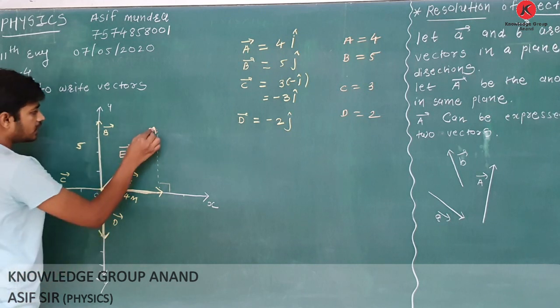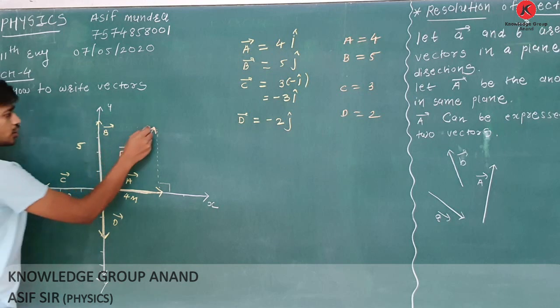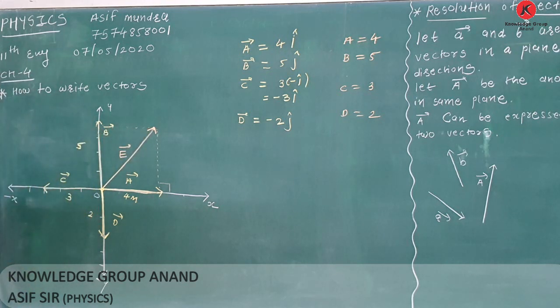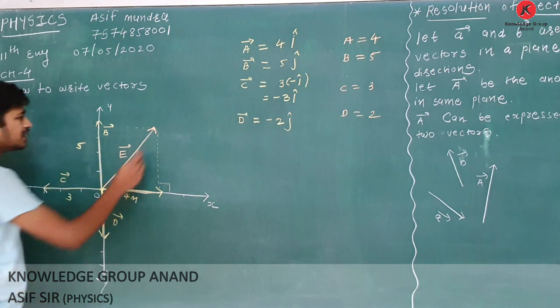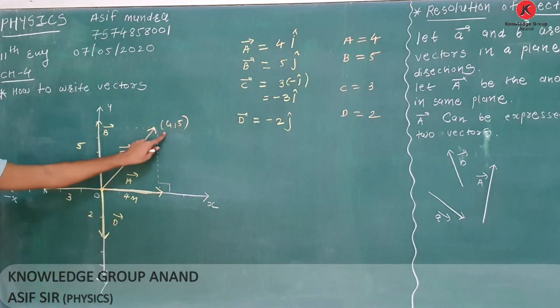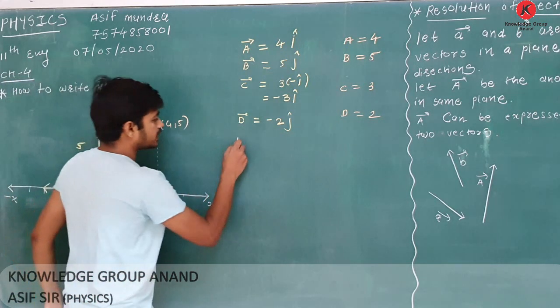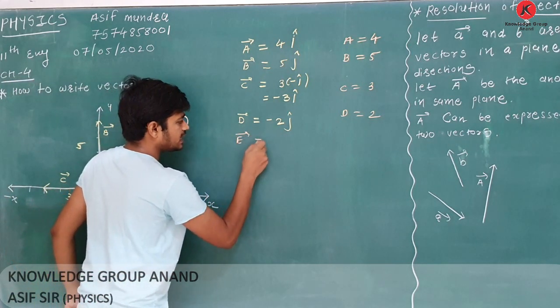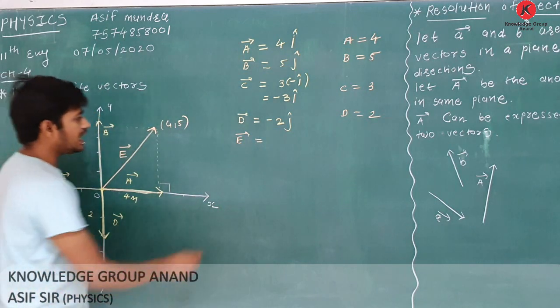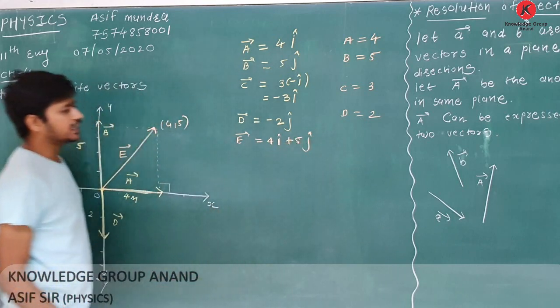Similarly, from this point, draw a perpendicular on the y-axis. This is called the y component of this vector. Or, simply, if you are given the coordinates 4, 5, then how to write this vector E? You have to write vector E as 4i cap plus 5j cap.